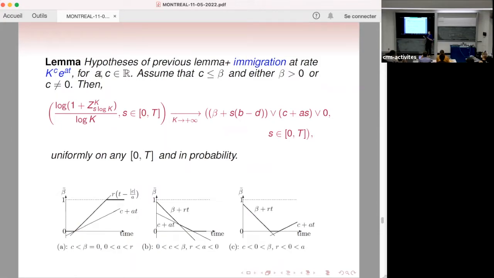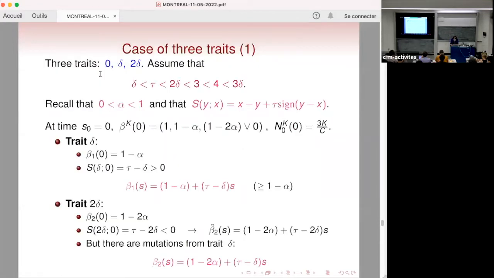So you see that playing with these different parameters gives different behaviors. That's the first two lemmas, and it took a certain number of pages to prove them, but they are essential bricks, essential steps in our work.